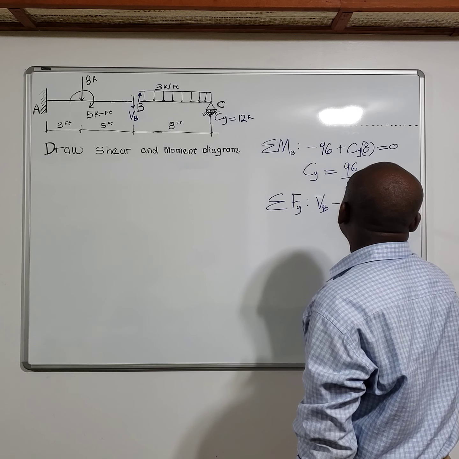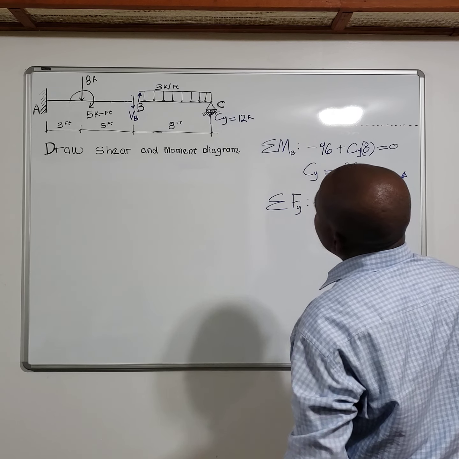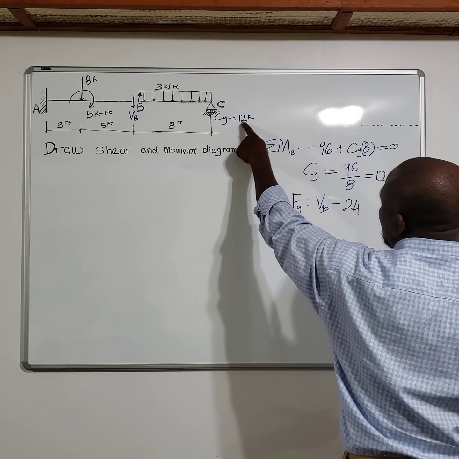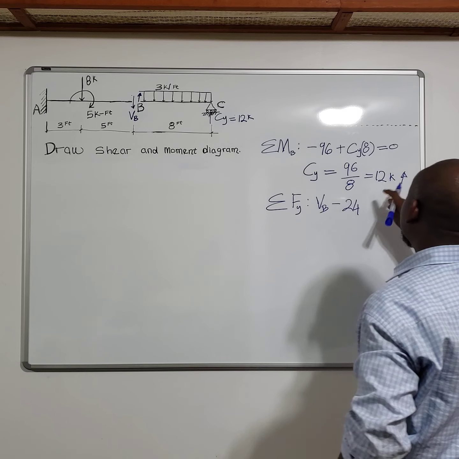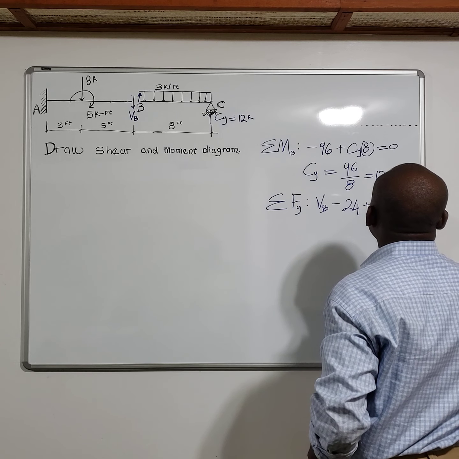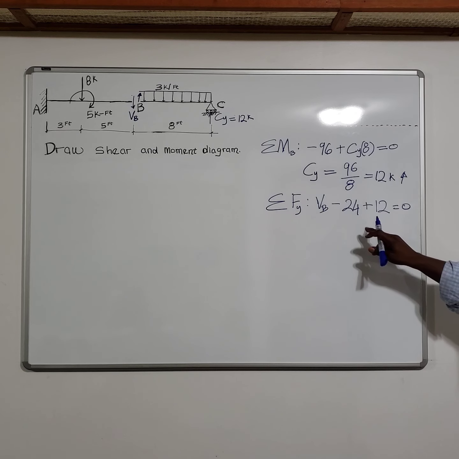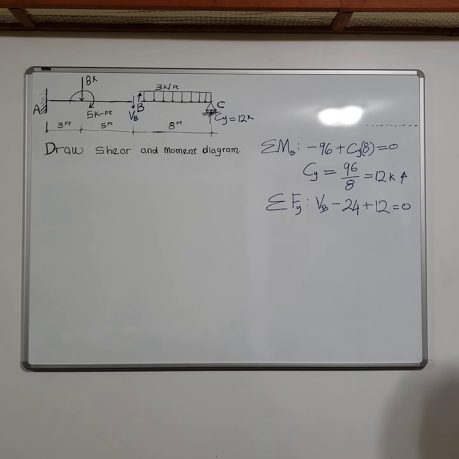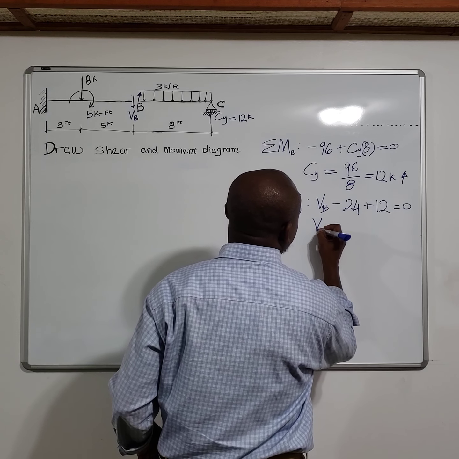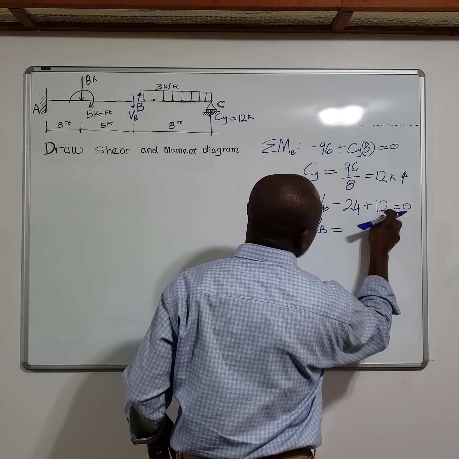So it's 24. And then we already know what our CY is, plus 12 equals 0. Okay? So when you do the maths, you realize that VB is equal to 24 minus 12.